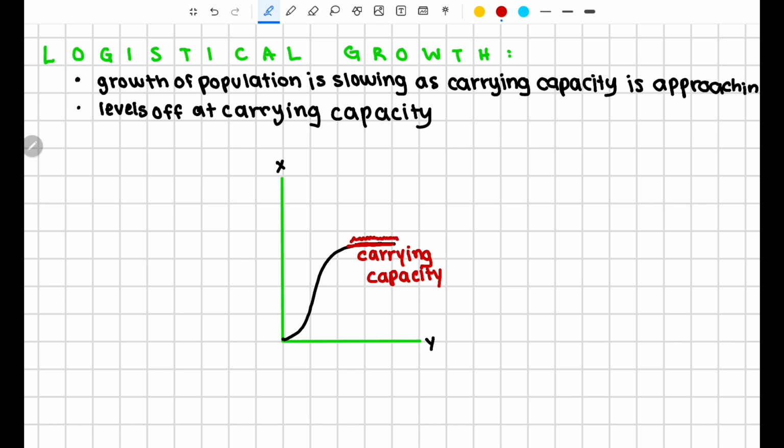Any variation will be very small because it cannot support any more than that. It can't keep going up forever. It has to find a way to level off because we don't have infinite resources. So that's why we can draw this S-shaped graph as almost a line of best fit, because it's pretty constant.